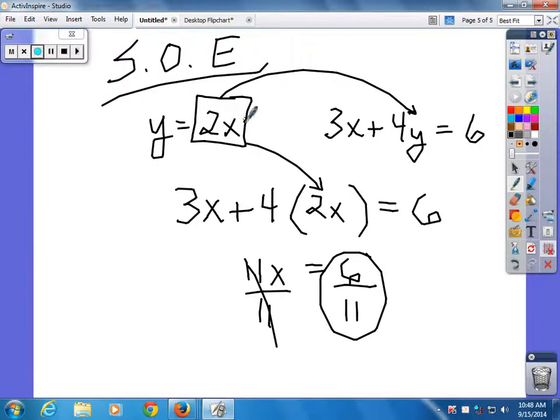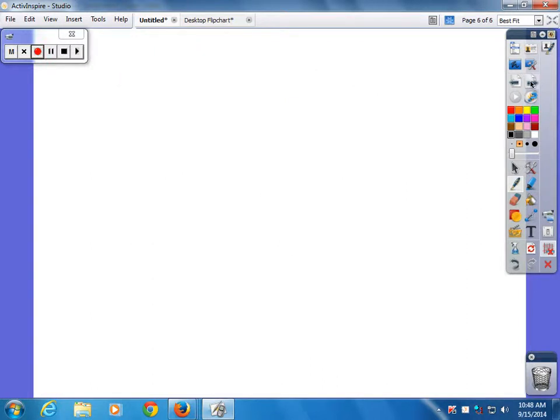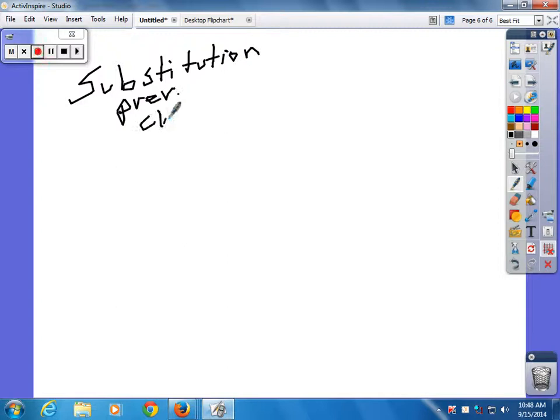Okay, this is what I want you to remember. 2x, put it in there, and you get this. All right? That substitution in your previous classes is basically composition of functions.